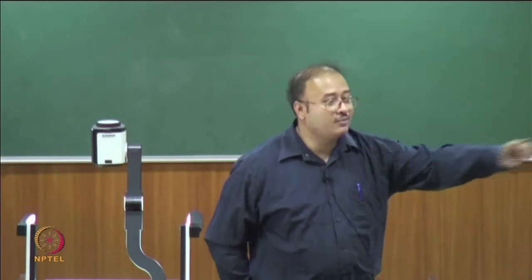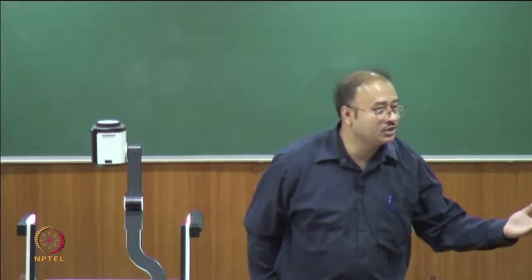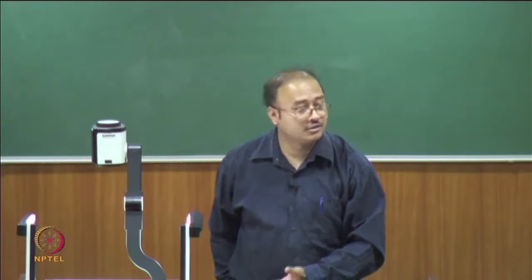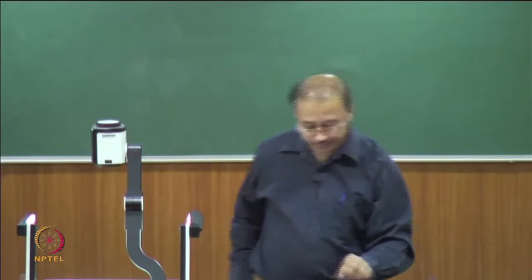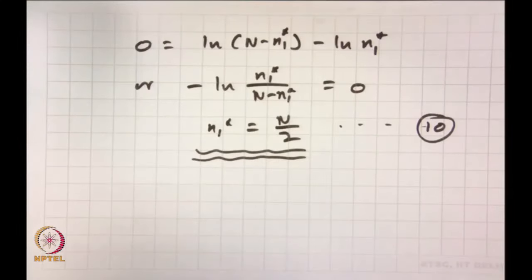I would take an equal number of steps in the positive and in the negative, which essentially would be n by 2, and that is what you just derived. Okay. Right. So, that means at least one of the points which is an extremum would correspond to n1 equal to n1 star, which is equal to n by 2, right.